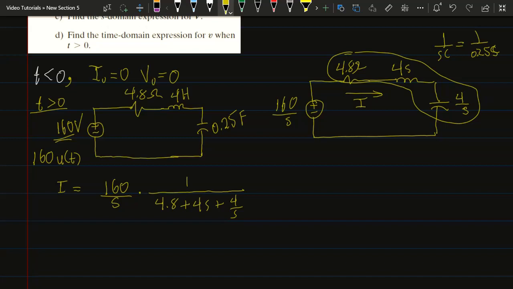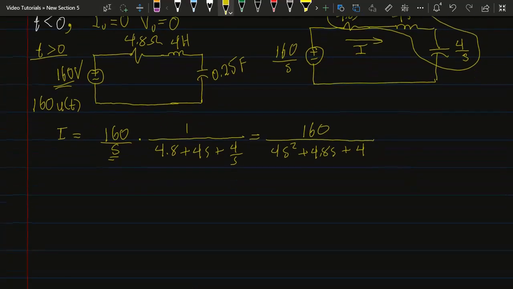And I have S in here. I can distribute the multiplication over the addition, so I get 160 over 4s square plus 4.8s plus 4. And I need to simplify this further by taking 4 as a common factor. So if you take 4 as a common factor, then 160 over 4 is 40.